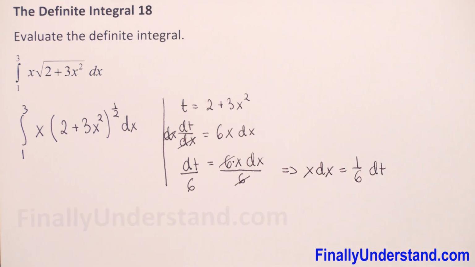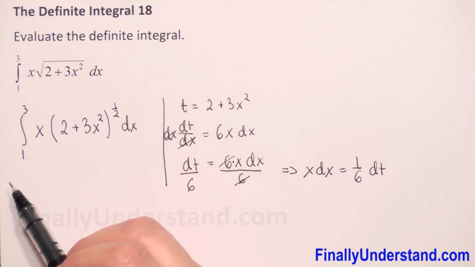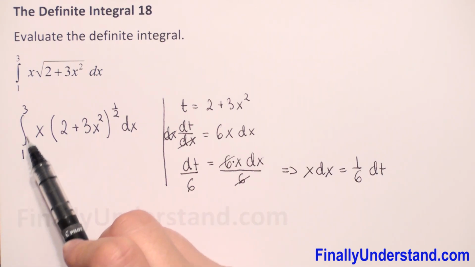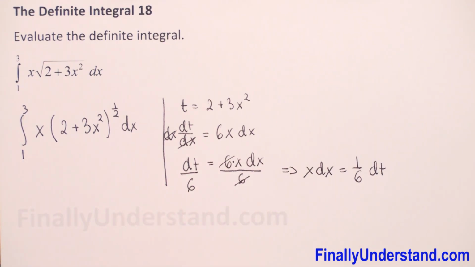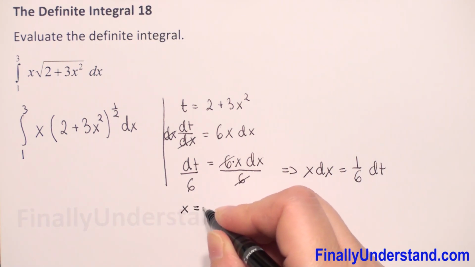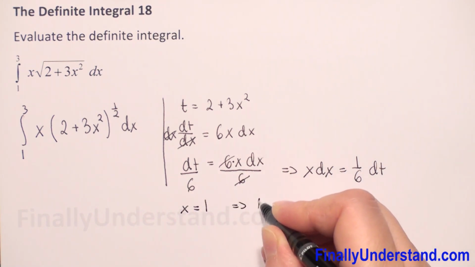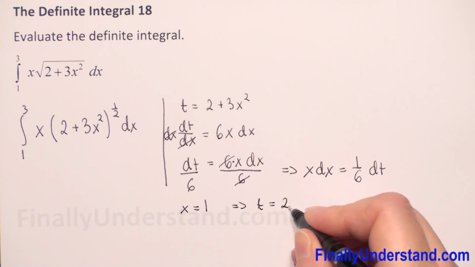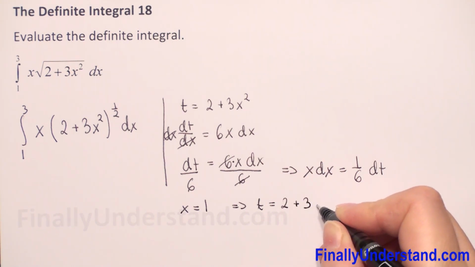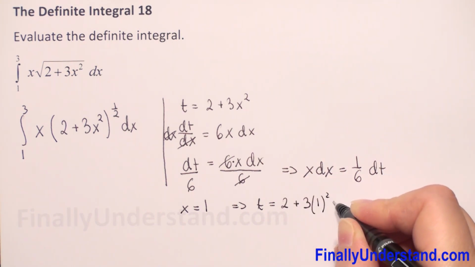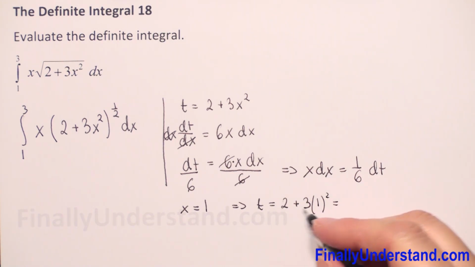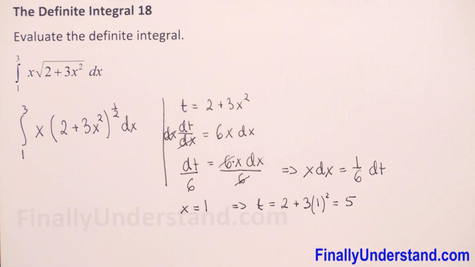Now we have to find only how much the lower and upper limits equal. For x equals 1, t is 2 plus 3 times 1 squared. This is equal to 2 plus 3, which is 5.